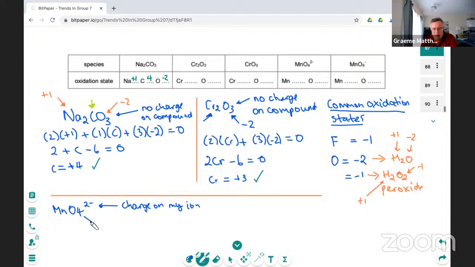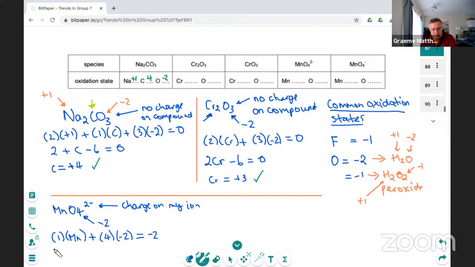So we know by now that oxygen has to be -2 because it isn't a peroxide, like H2O2, or any other kind of oxide like that. It's just a plain old oxide of manganese, -2. So I've got one manganese, whatever that is, and 4 oxygens, so 4 times -2 equals the -2 charge on the ion.